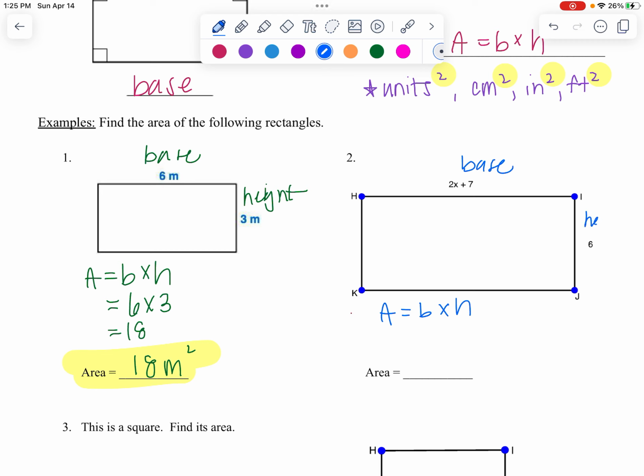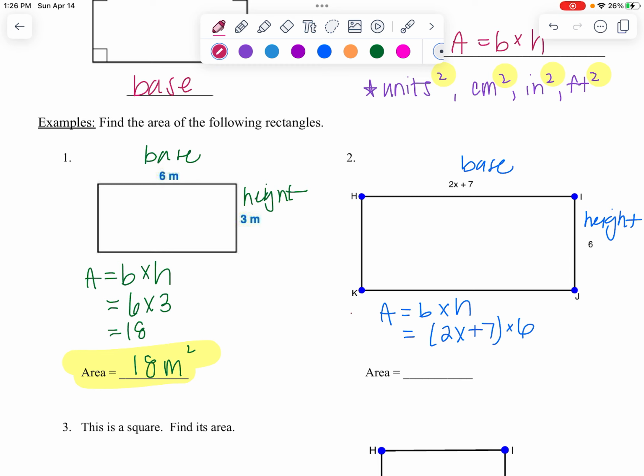My height is the 6. So I'm going to put this in parentheses, 2x plus 7, multiplied by 6. And what happens whenever we see an outside number with parentheses? Does anybody remember?